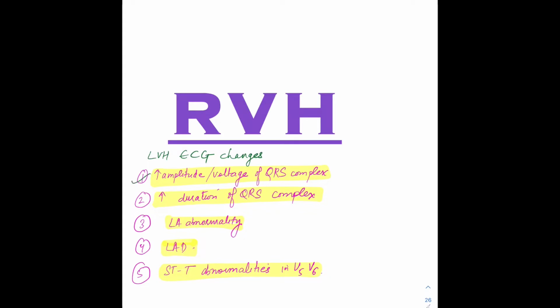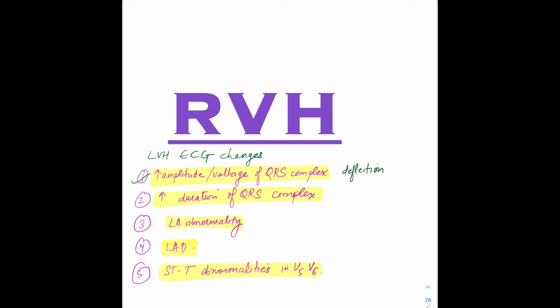Coming on to the first one, that is the increased amplitude and voltage of the QRS complex. Now we do consider the increased voltage and amplitude of the QRS complex in case of right ventricular hypertrophy, but even more important than this is the nature of the deflection.